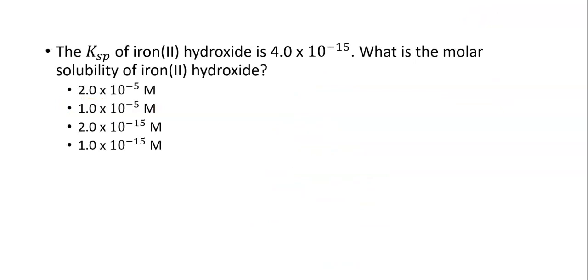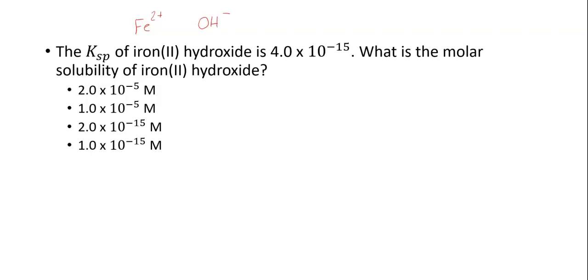Okay, so the next one: the KSP of iron 2 hydroxide is 4.0 times 10 to the negative 15th. What is the molar solubility of iron 2 hydroxide? Let's write out the dissociation of iron 2 hydroxide. The 2 means it has a plus 2 charge, and hydroxide, you should know, is OH minus.